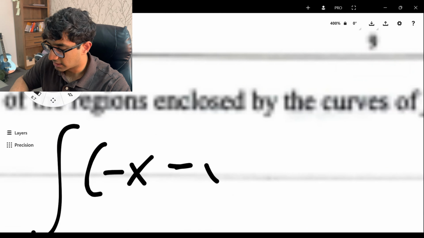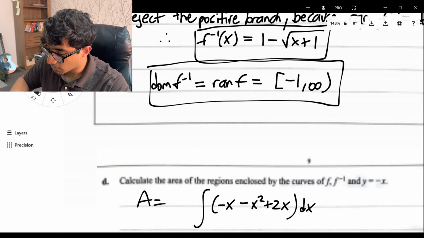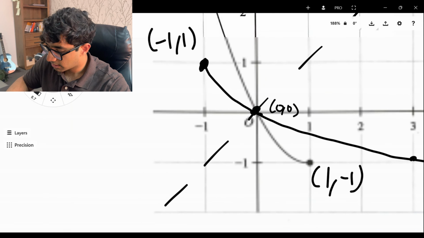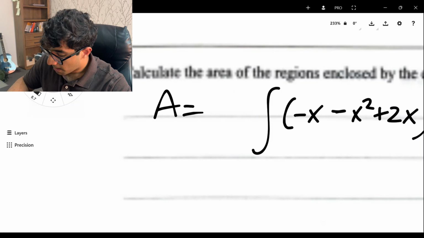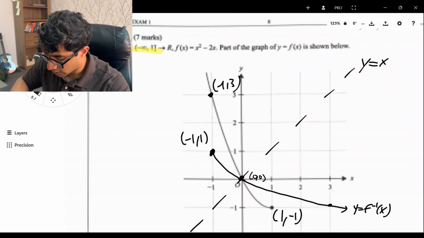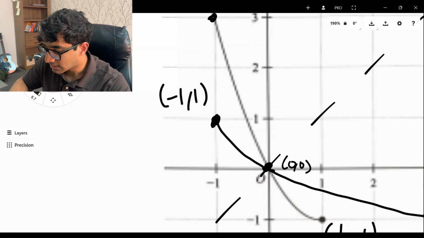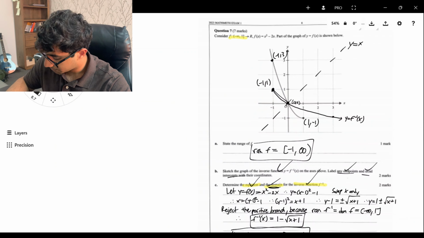So that'd be x squared plus 2x, because there's a double negative there, dx, okay? From what domain? Well, from 0 to 1, as you can kind of see there, okay? From 0 to 1, but I'm going to double that area, okay? Because the area on the left, or this area on top, whatever you want to call it, this area here is going to equal that area over there, okay? So I'm going to double that.